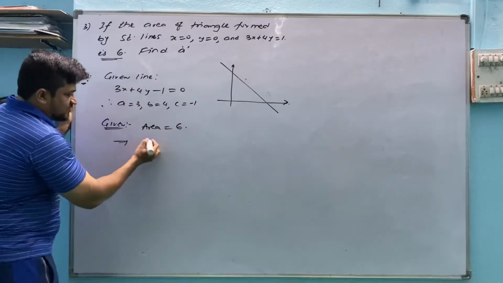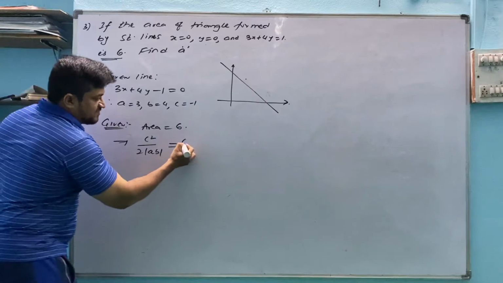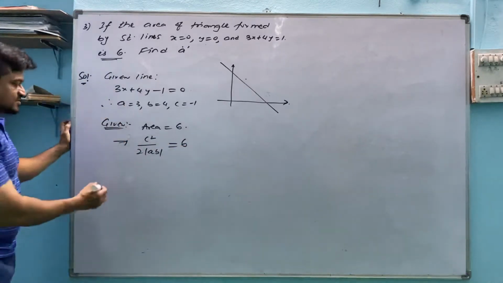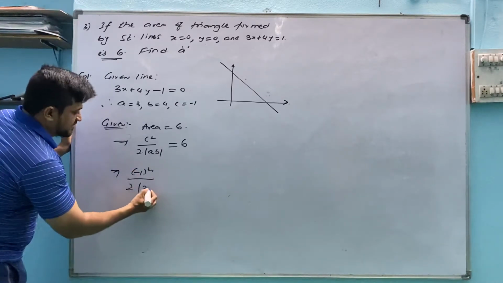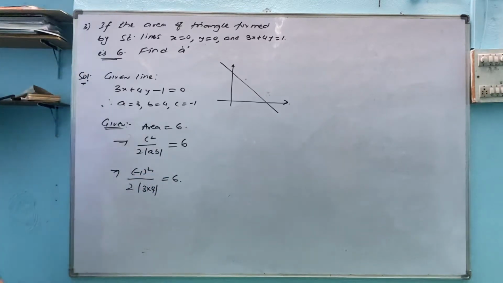Here we have to write the area formula on the left side and equate it with 6. This you need to remember. c square, minus a square, by 2 into mod ab equals 6. So here is one change.